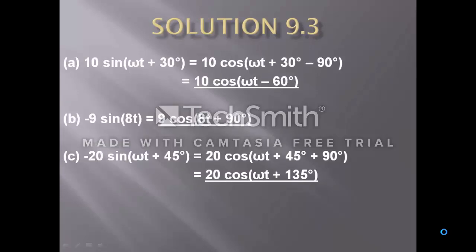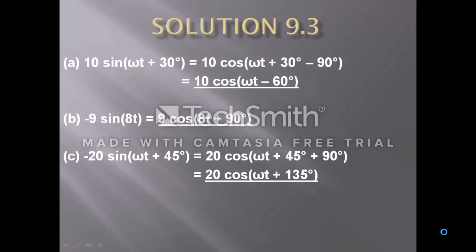The first part is 10 sin(omega t + 30), and as we know that sin(theta) equal to cos(theta minus 90), so 10 cos(omega t + 30 minus 90) equal to 10 cos(omega t minus 60). So this is our converted angle.